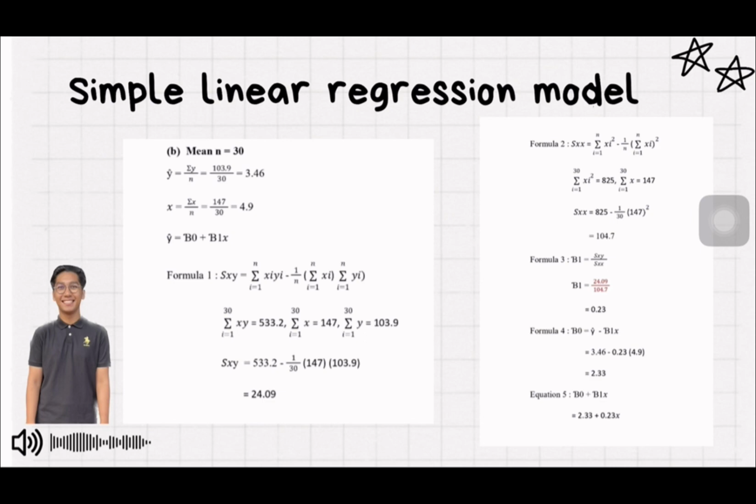And for formula 4, beta 0 equals y bar minus beta 1 x bar, which is 3.46 minus 0.23, open bracket, 4.9, close bracket, and we got 2.33. And for question 5, which is the final answer, beta 0 plus beta 1 x, which is 2.33 plus 0.23x.